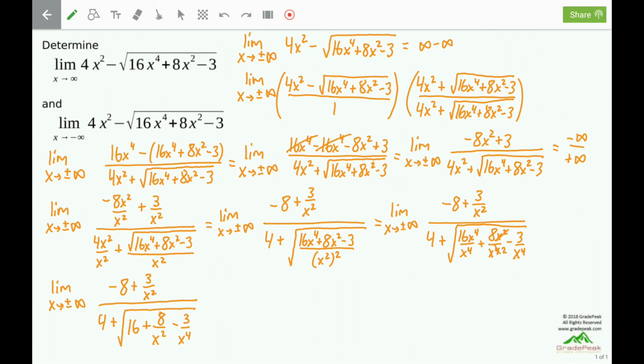Each term that is a constant divided by x to a positive power will go to 0 as x approaches positive infinity or negative infinity. The result is negative 8 plus 0, divided by 4 plus the square root of 16 plus 0 minus 0.